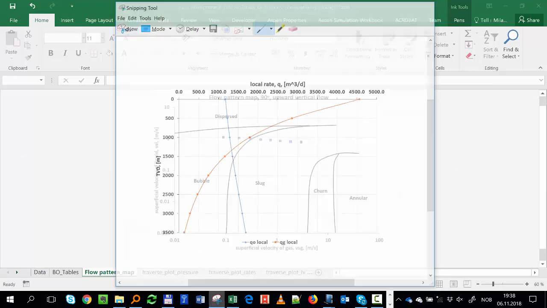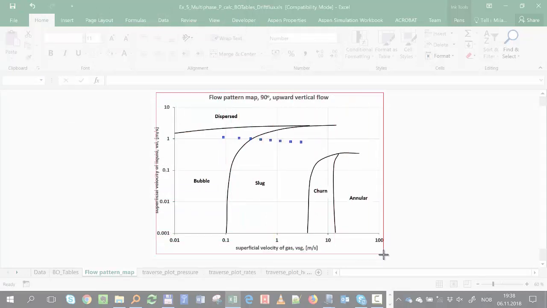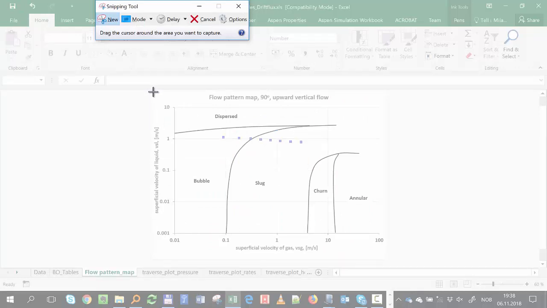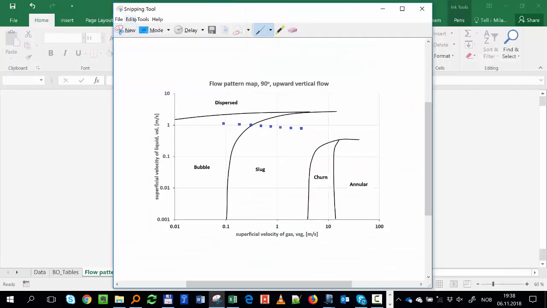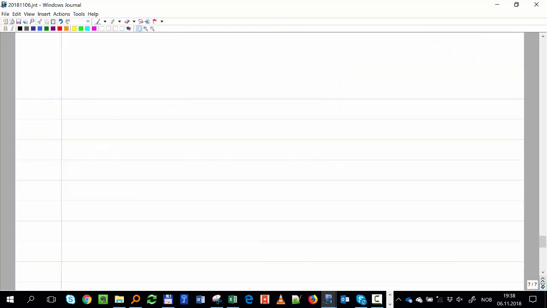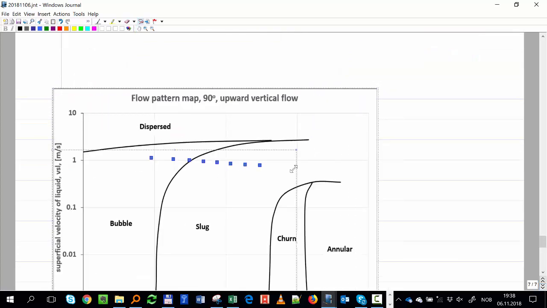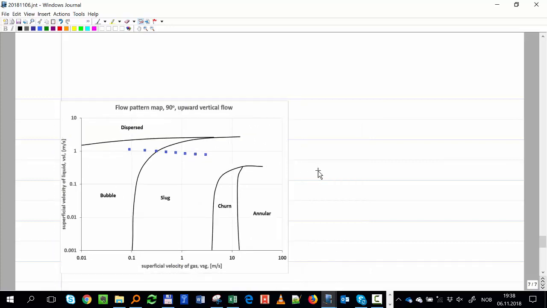Okay, so let me take a snapshot of that. Now you have to tell me, where do I have the bottom of the tubing and where do I have the wellhead?